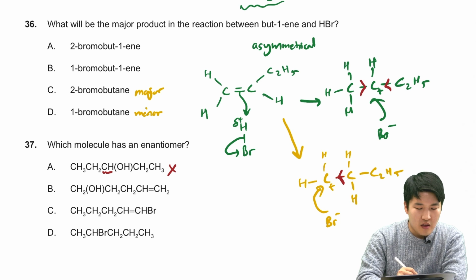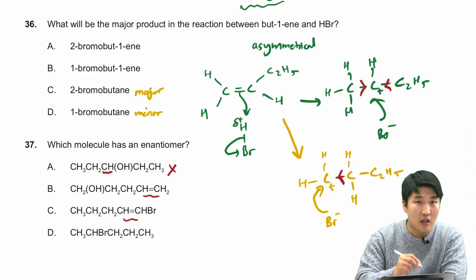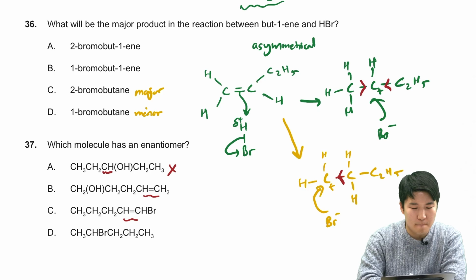The second and the third contain double bonds, which means it's likely to be geometric isomers. So let's ignore these for now, and we can ignore these unless the final option is not the answer.